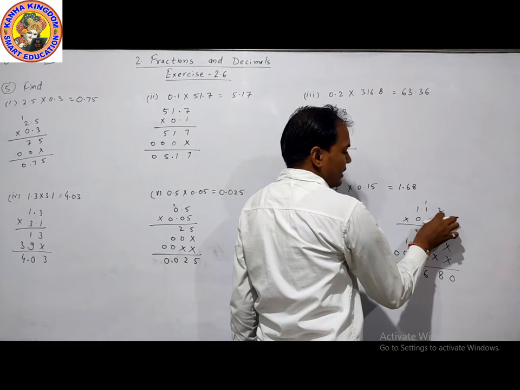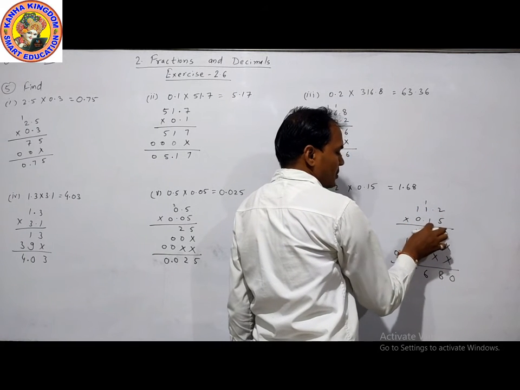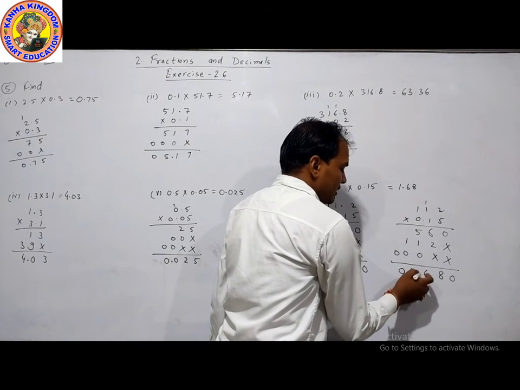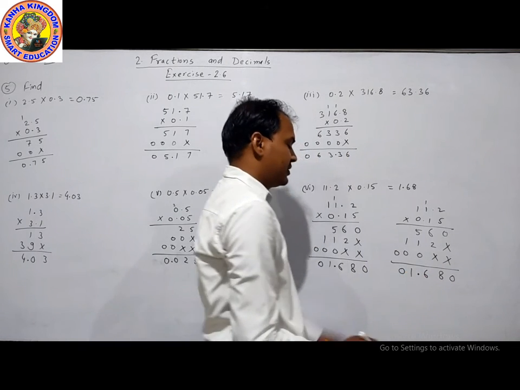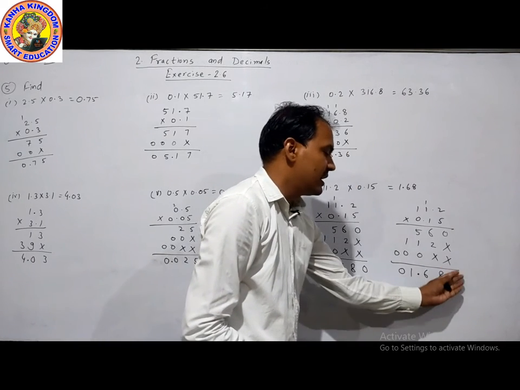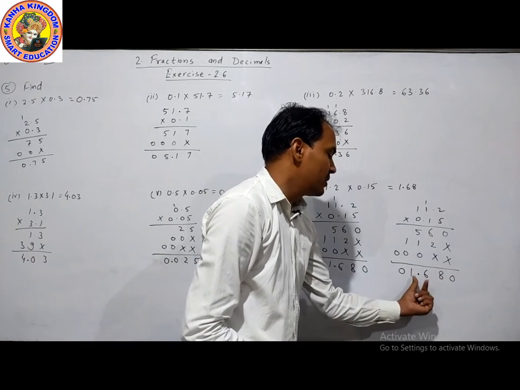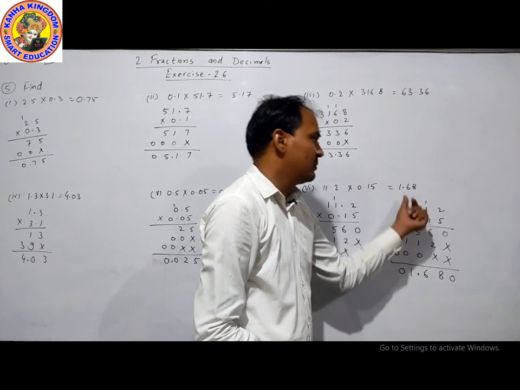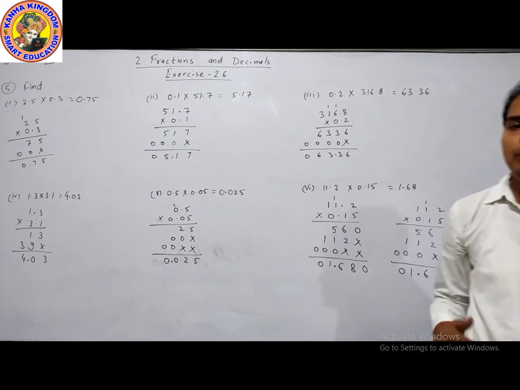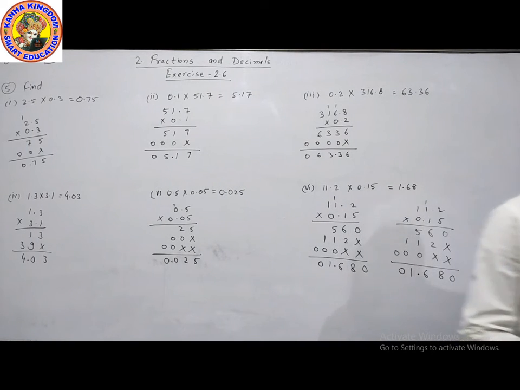Counting of decimal points: 1, 2, 3, after 3 digits. The first and last 0 will be removed. The answer is 1.68. You can take a screenshot of this. We will move to our next questions.